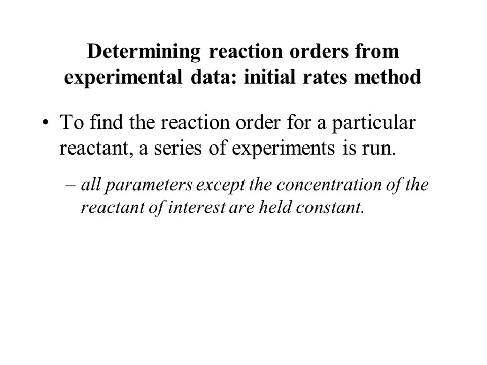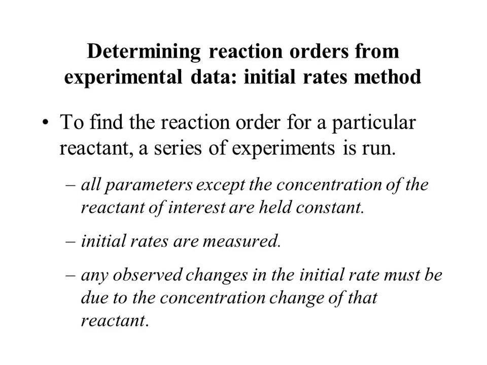Okay. So all parameters except for the concentration of the reactant of interest needs to be held constant. Okay, the initial rates will be measured. So then, if you see a change in the rate of the reaction, then you have narrowed it down to only because of the influence of changing the concentration of one reactant.